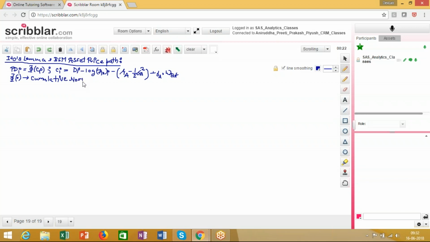So over here it is nothing but a cumulative normal distribution. What I'm saying is that the Ci value that we have is more or less normally distributed, so that the values are more or less symmetric in nature. If there are no sudden shocks, the distribution of the W values is more or less similar, because W itself comes from a normal distribution.